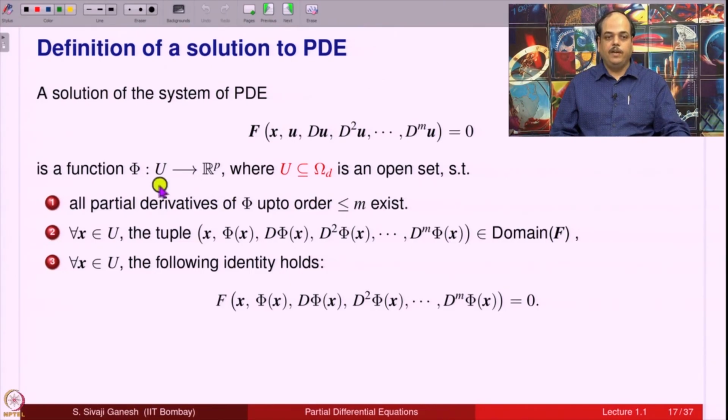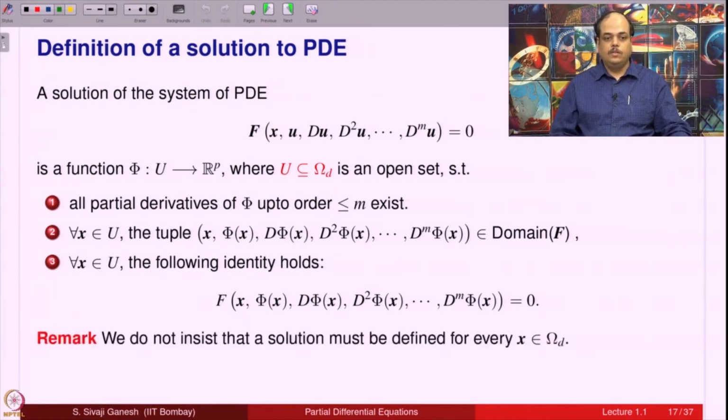Note that we are demanding that phi should be defined on a subset of omega d, and we are not demanding that it should be defined on all of omega d. That is very important to be noted. So, we do not insist that a solution must be defined for every x in omega d. U may be a proper subset of omega d.